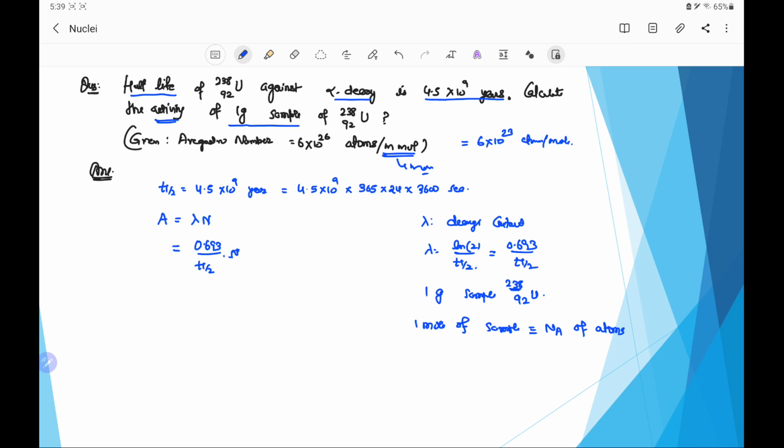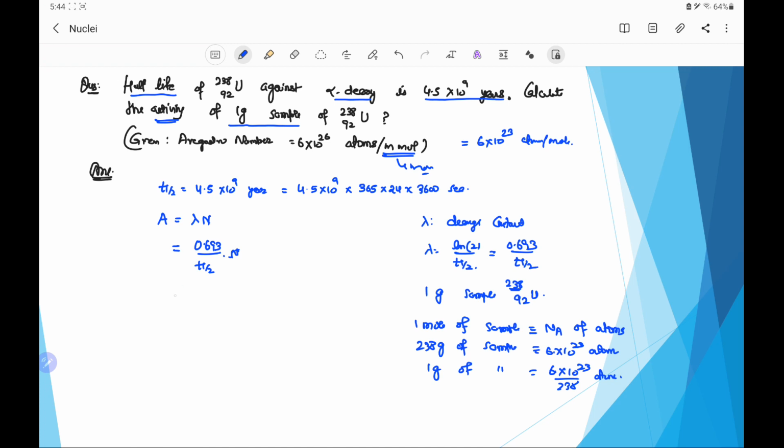1 mole of the uranium is 238 gram, that is the mass number, so 238 gram of sample will contain 6 into 10 power 23 atoms of uranium. So 1 gram of sample will contain 6 into 10 power 23 by 238 atoms.